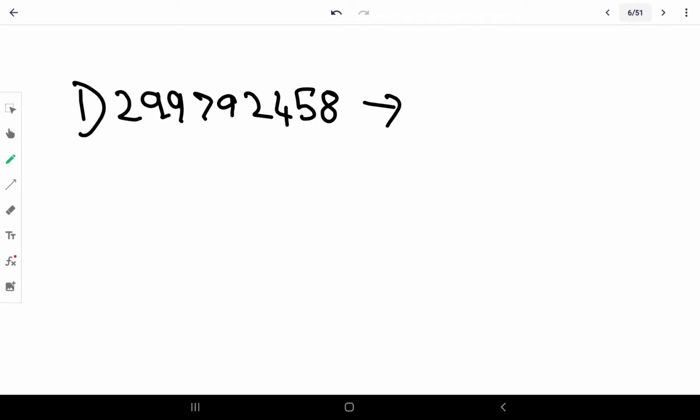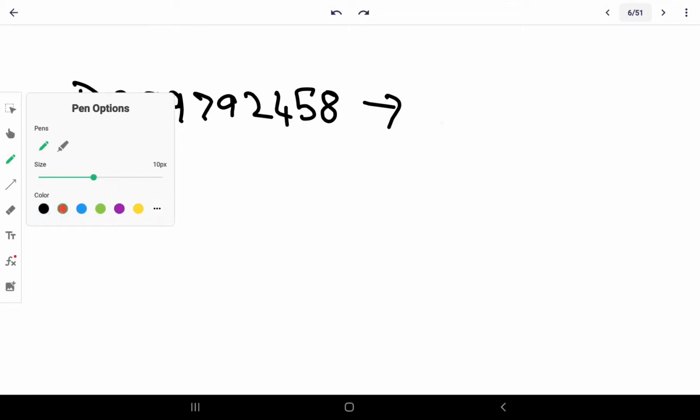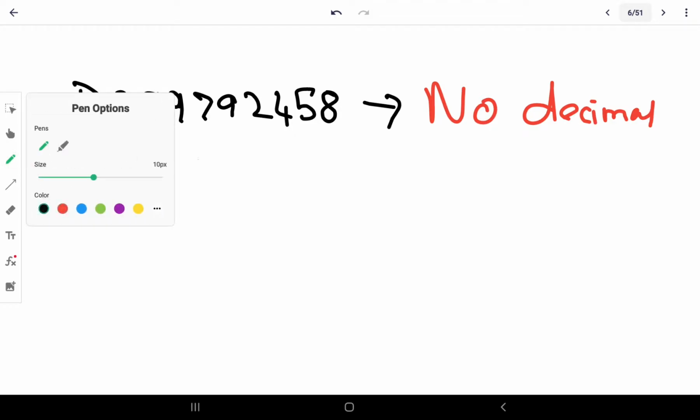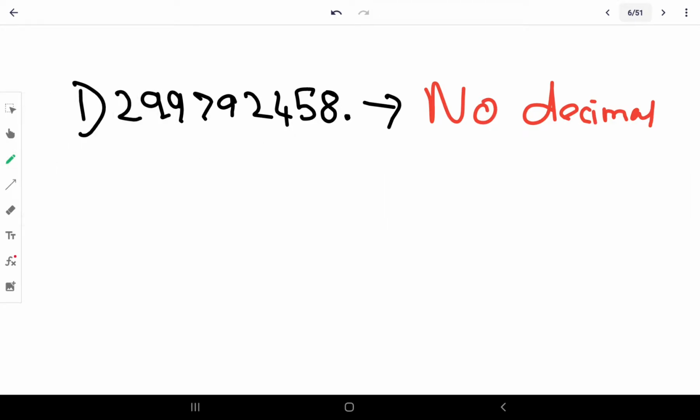Remember that there are no decimal places. So what you have to do is imagine that the decimal point is at the end. So how do you write it? Every time you have to add the end.